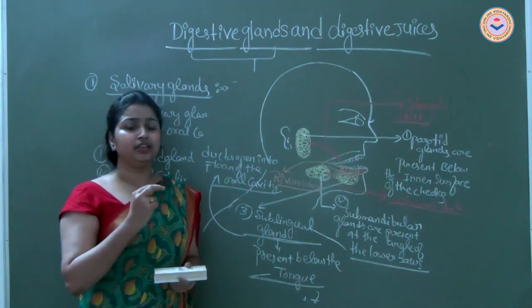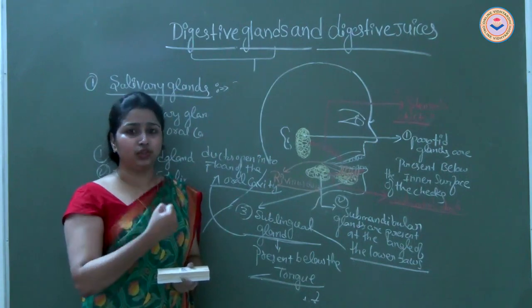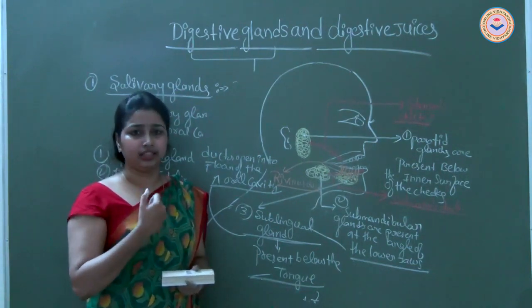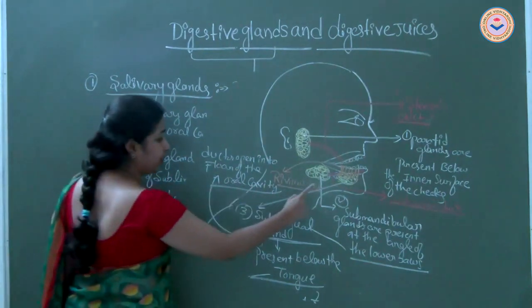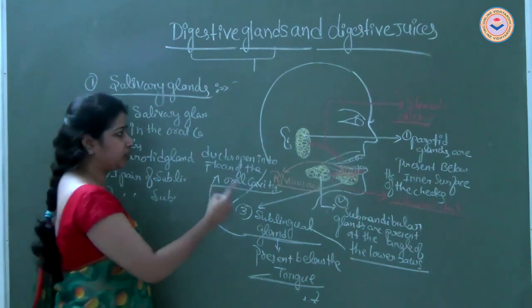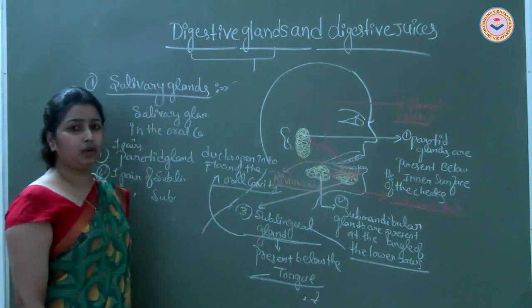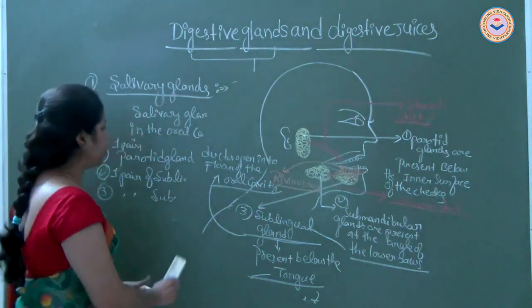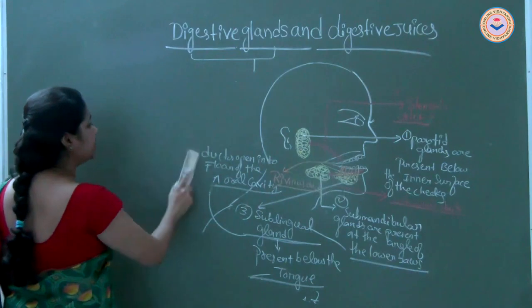Mucus cells secrete mucus, and serous cells help in the secretion of enzymes. Note that the sublingual gland is the smallest gland, and the largest gland is the parotid gland.